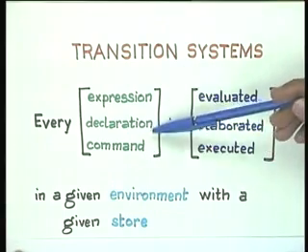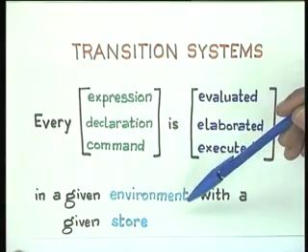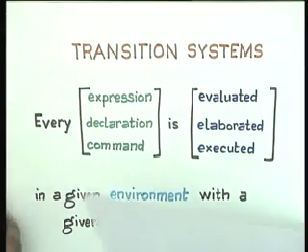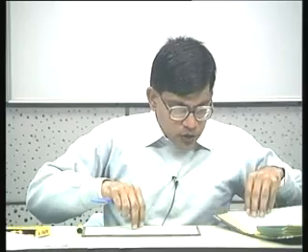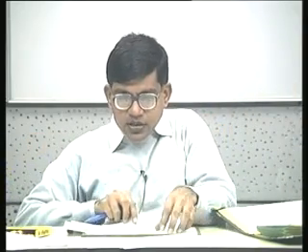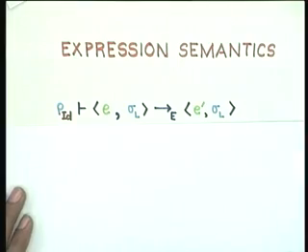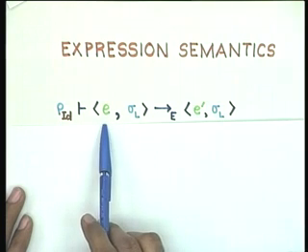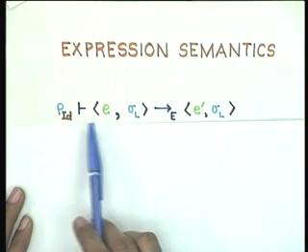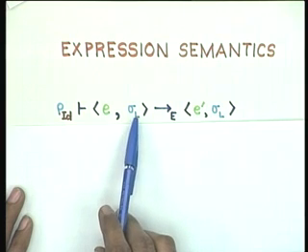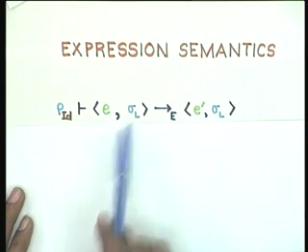So our typical expression transition system, for example, will look like this. We'll combine the two concepts used previously. So we will look upon any expression as being evaluated in this environment with this store.